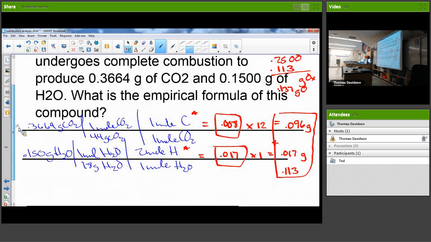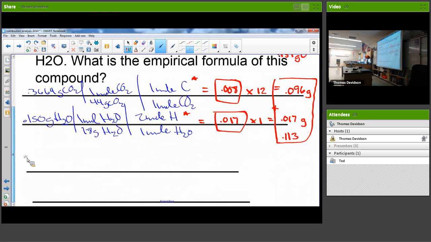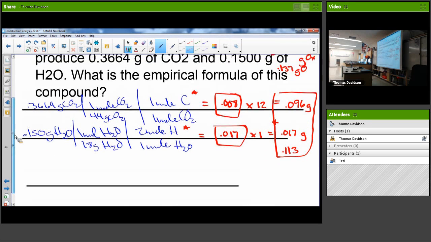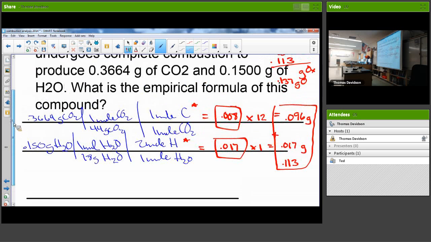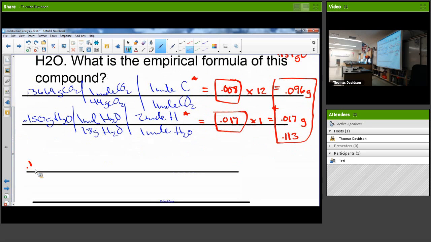So now I have to come down here and work another picket fence. 0.137 of oxygen. Now, I need moles of oxygen, so this one is shorter.